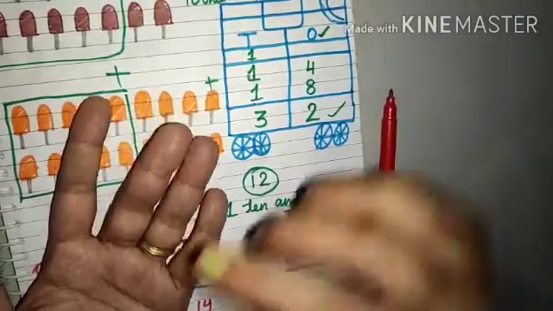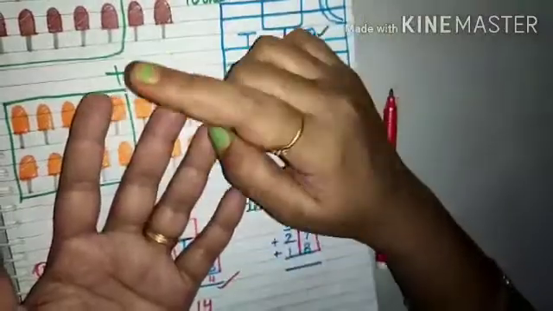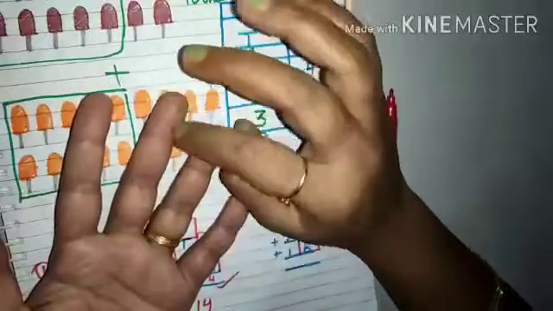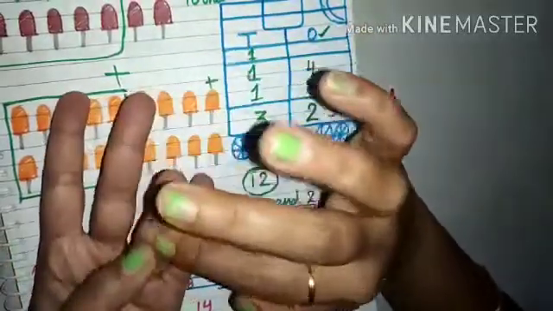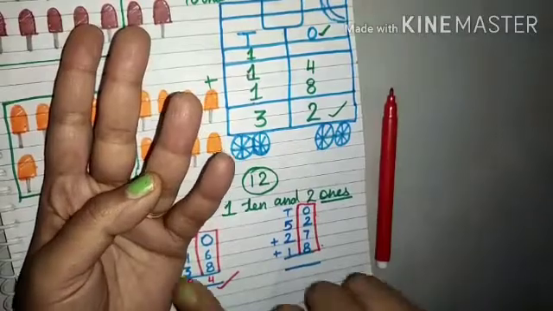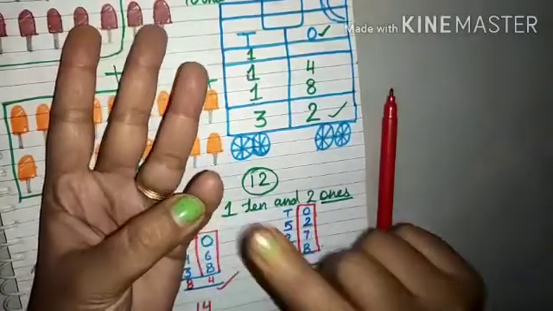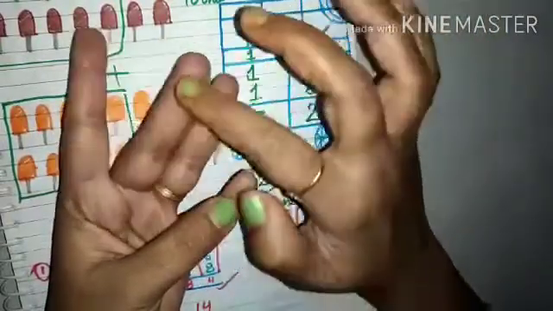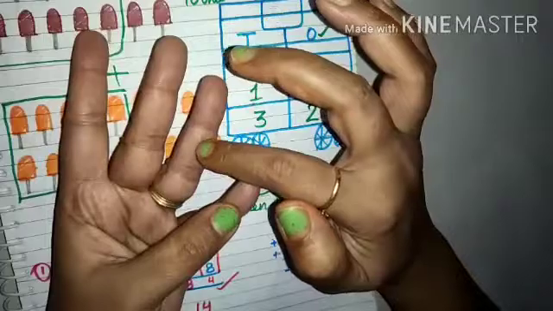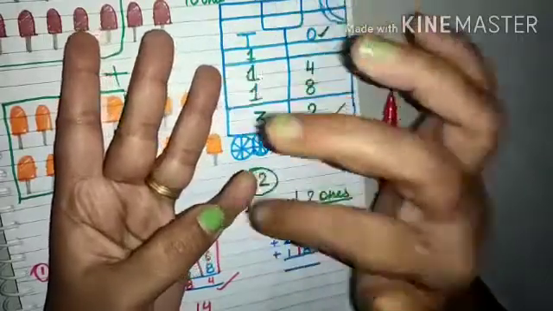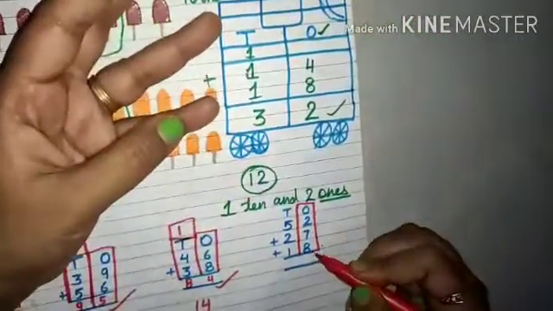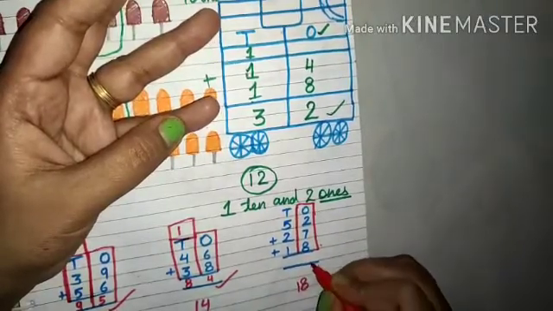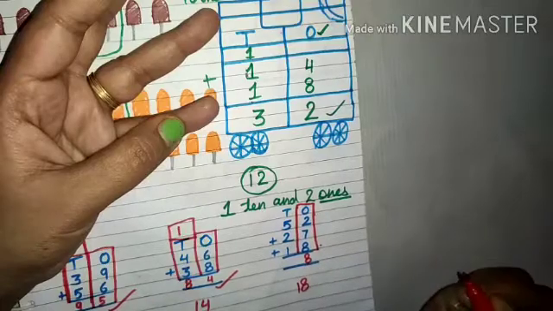Okay, 7 I am going to count on my finger. 1, 2, 3, 4, 5, 6, 7. 7 and 2 is also here. 1, 2. है ना? 8 is in my mind. 9, 10, 11, 12, 13, 14, 15, 16, 17 and 18. So what is the sum of these three addends? 18. So here 8 only I can write.